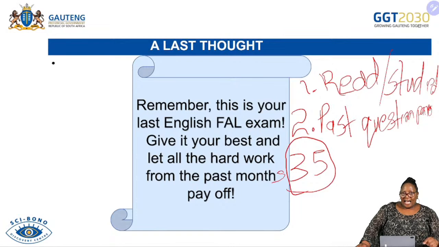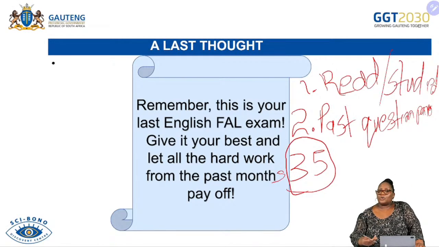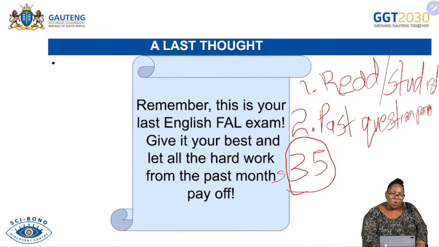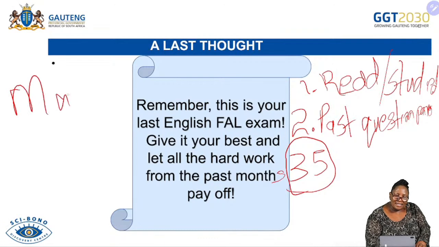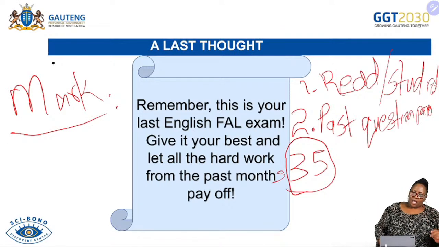When you are done, I just want you to do the first part for the 35 marks, not the whole 70 marks. When you are done, you look at the memo provided and you mark yourself. Let's see how many marks you are going to earn.